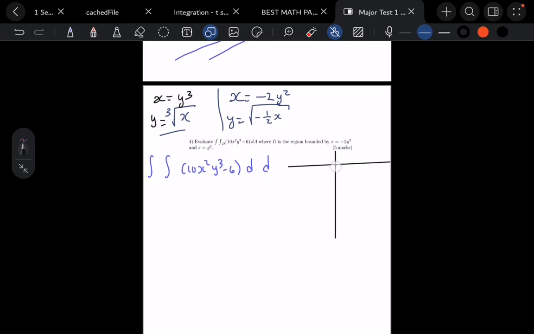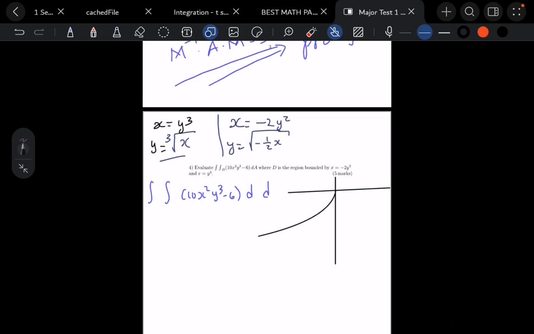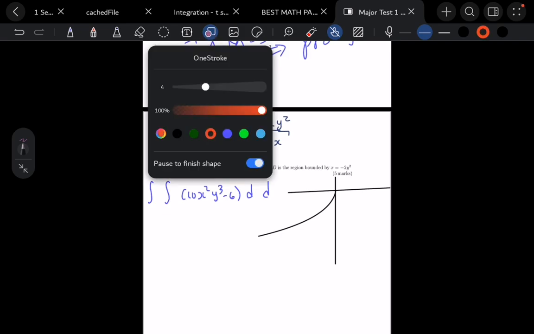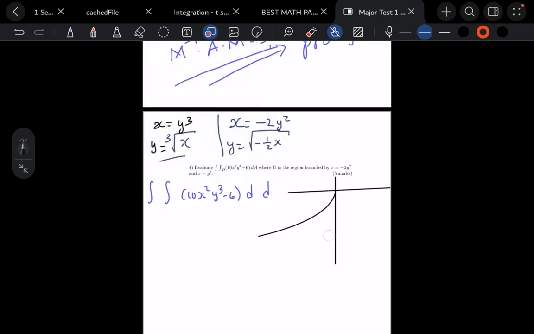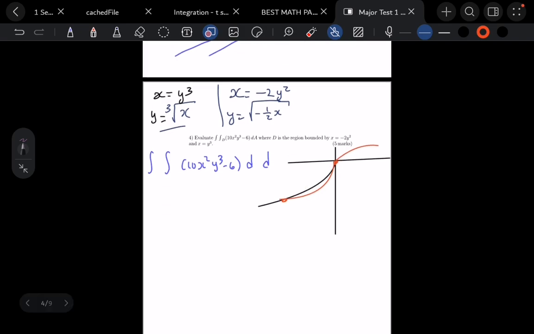So that graph is something like that, and the graph for x equals y cubed is also something like that. So they intersect there, and they intersect there. This one was the hard one.